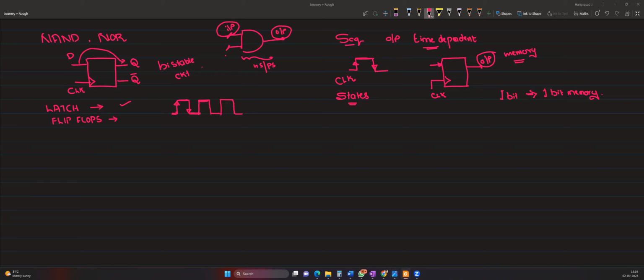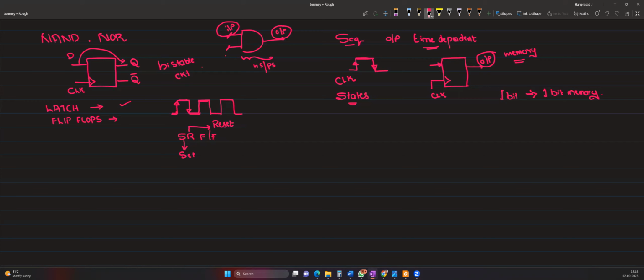The next important flip-flop we frequently use in industry is the SR flip-flop. S stands for set, R stands for reset, so it is a set-reset flip-flop.